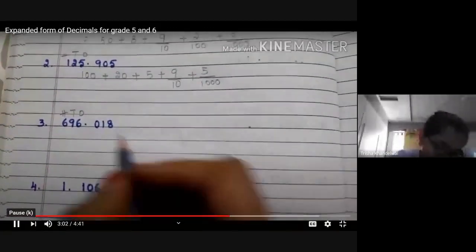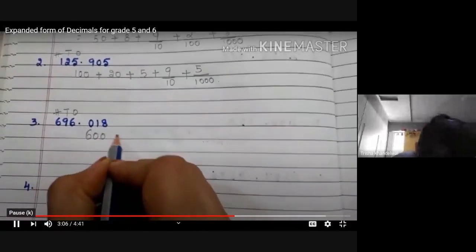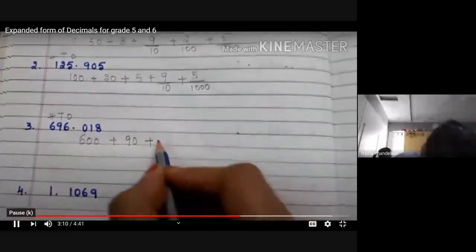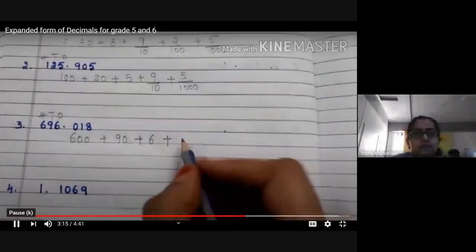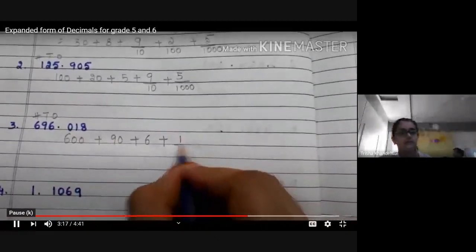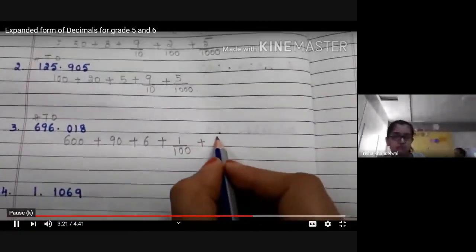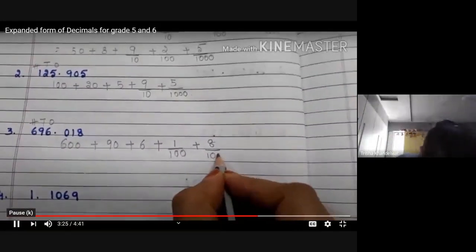Now write the expanded form. So, 600 plus 90 plus 6 plus, no need to write the 0. Now, 1 by 100 plus 8 is in thousandths place, right? So, 8 by 1000.